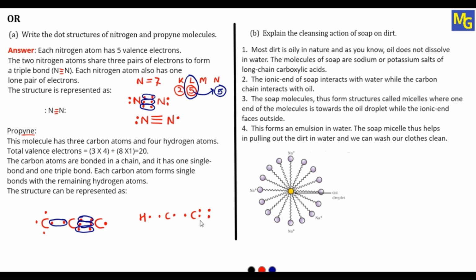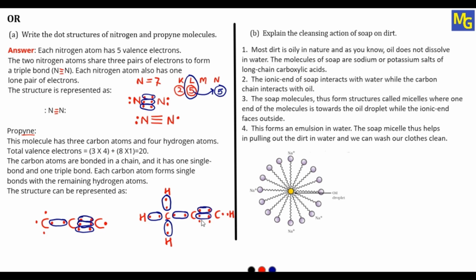So write all these as shown. This is H and here it is H, here it is H. So this is 1, this is 2, this is here.